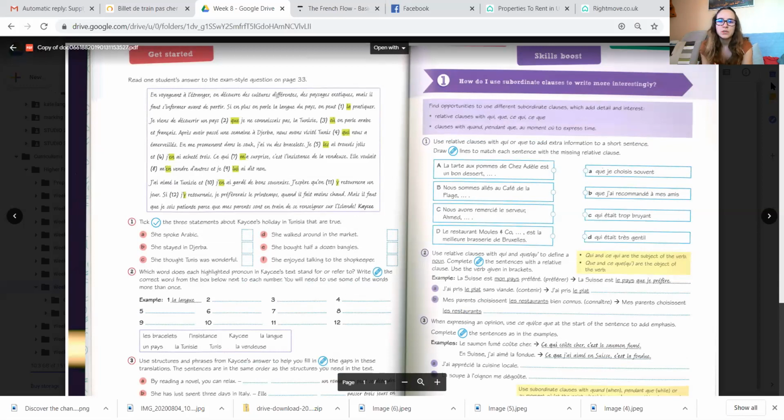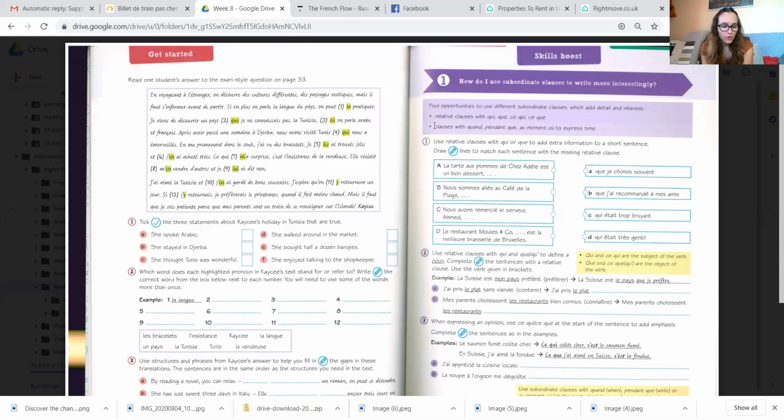And we're going to use first relative pronouns to embed that, to try and put sentences within sentences. And we're also going to use clauses like quand, pendant que, au moment que, basically to express time. So when, for example, I was reading, first sentence, when you arrived.